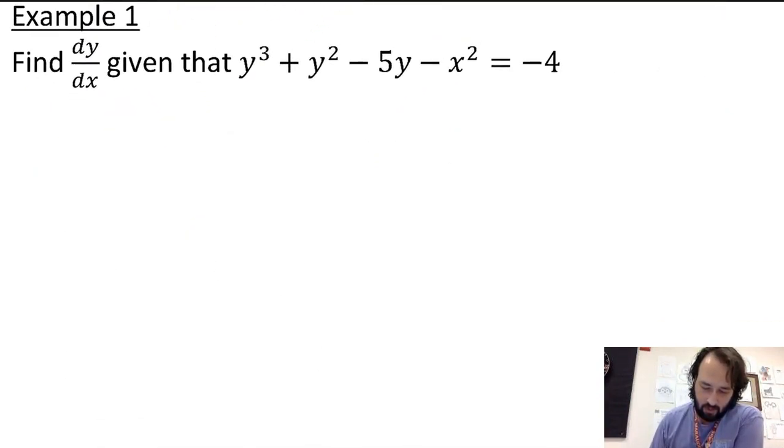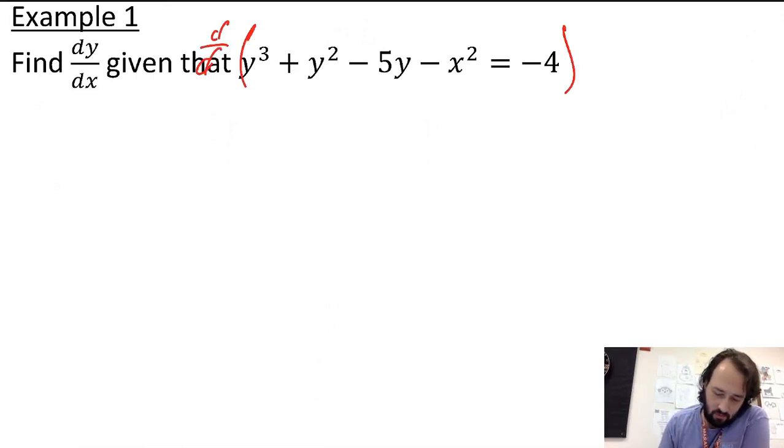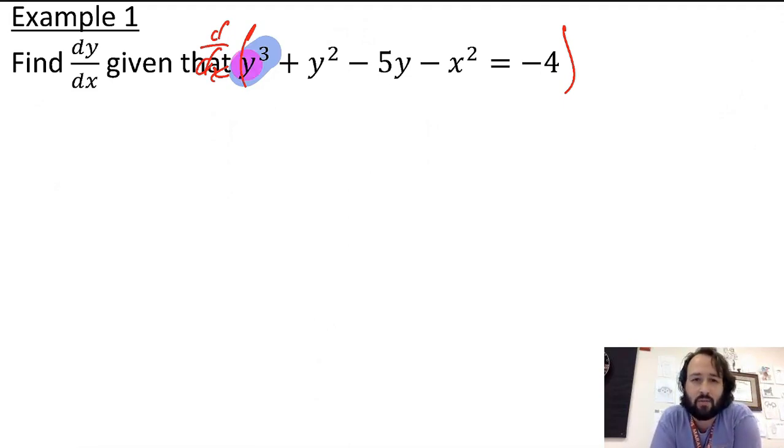Find dy dx, given that y cubed plus y squared minus 5y minus x squared equals negative 4. The first step is to take the derivative of the entire equation. When I'm taking the derivative of this part, I'm going to use a chain rule because I have some function y inside that cubic function.